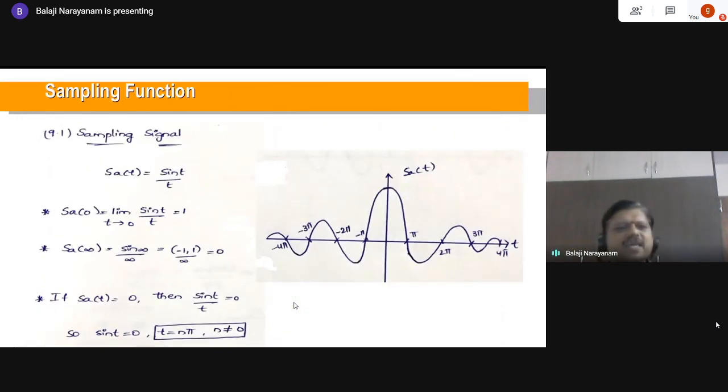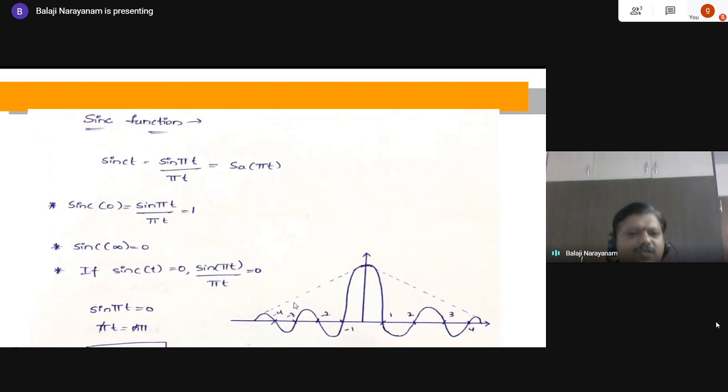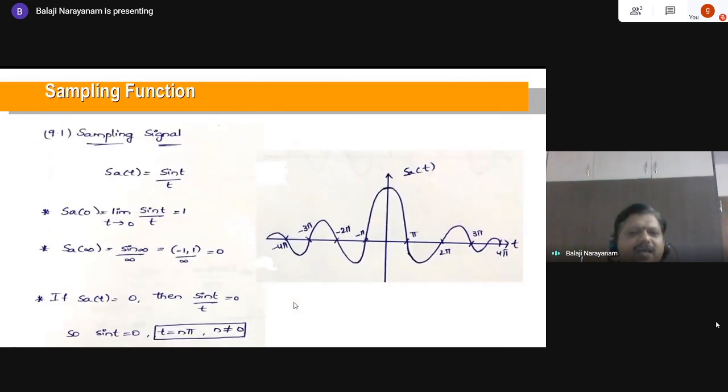And let us take another important function called the sampling function. Just now we discussed that the sinc function and the sampling function are related to each other. And here we have shown the relation between sinc and the sampling function as SA of pi t is the same as sinc of t. Now let us take the sampling signal SA of t, which is given by sin t by t.